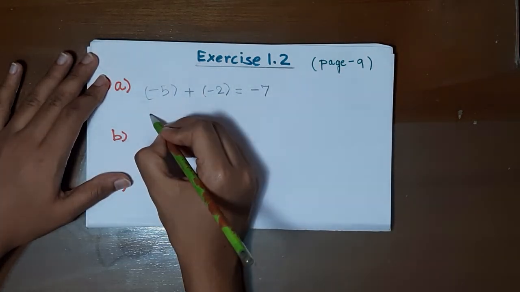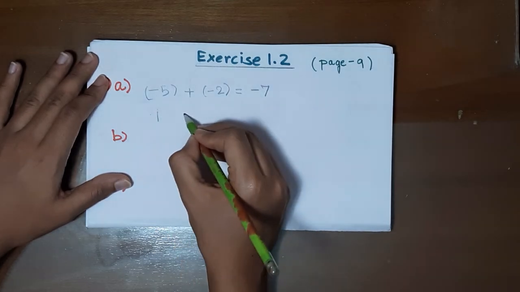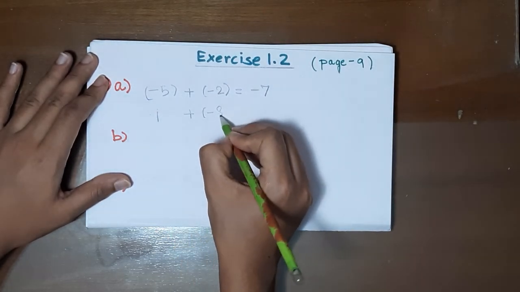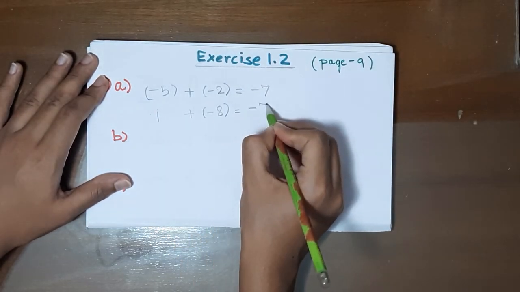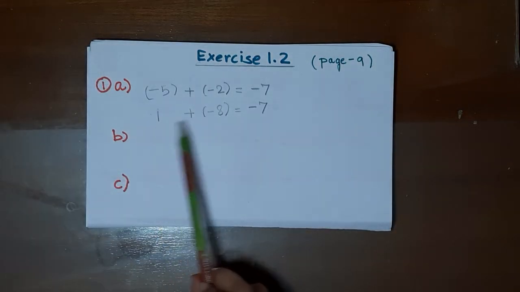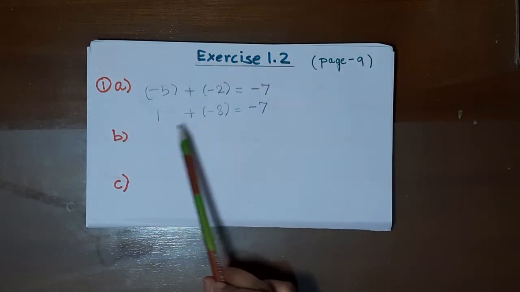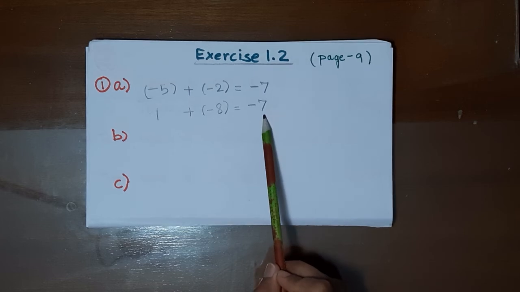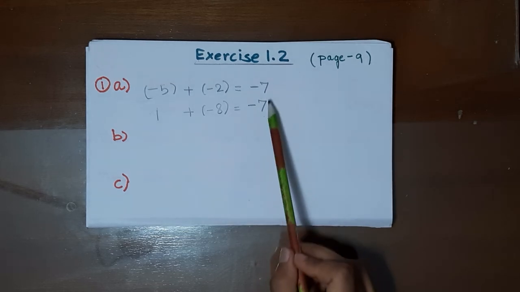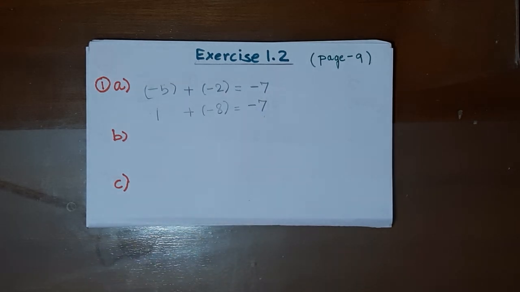Another example is 1 plus minus 8 equals minus 7. ನಿಮ್ಗೆ ಯಾವ ಎರಡು ನಂಬರ್ ಬೇಕೋ ತಗೋಬೋದು. The sum of those two numbers should be minus 7. I've just given two examples here. You can choose any two integers.